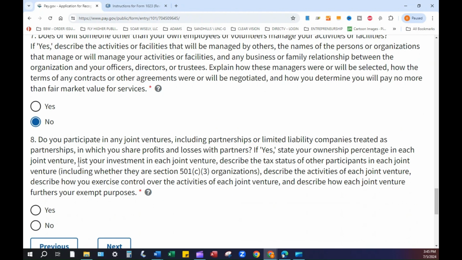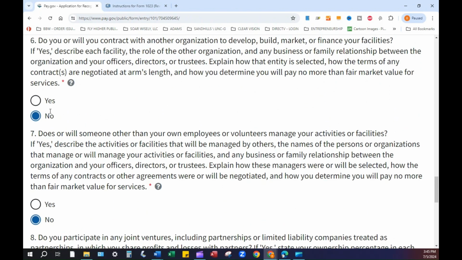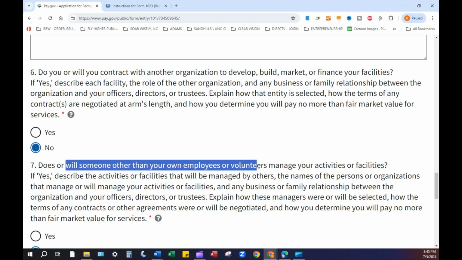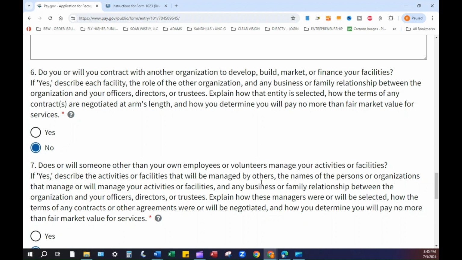So I'm going to give you a quick example of this. Does or will someone other than your own employees or volunteers manage your activities or facilities? I have a client, a wonderful person who is starting a nonprofit, and it is going to be where they're working with children after school to help them academically.